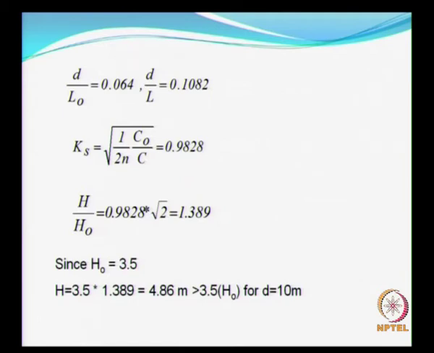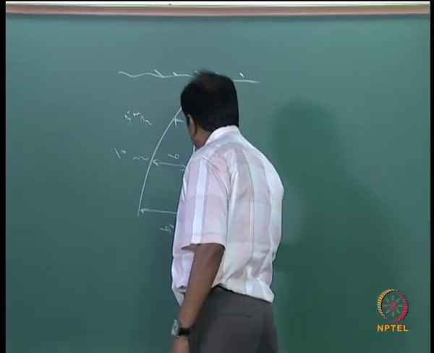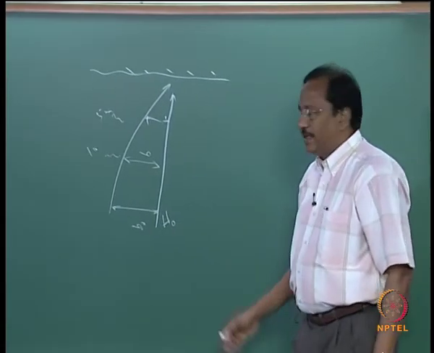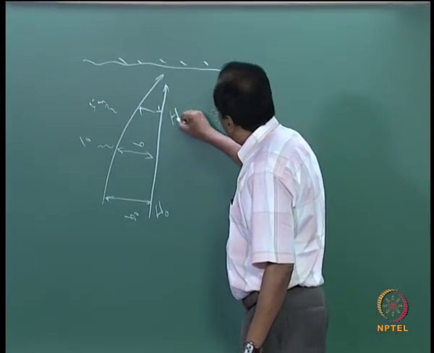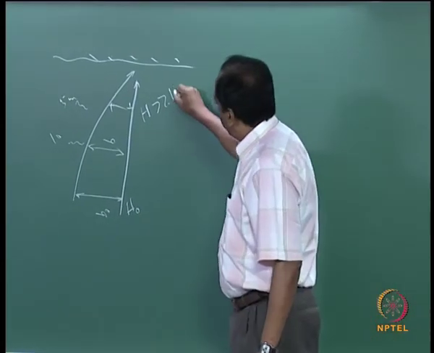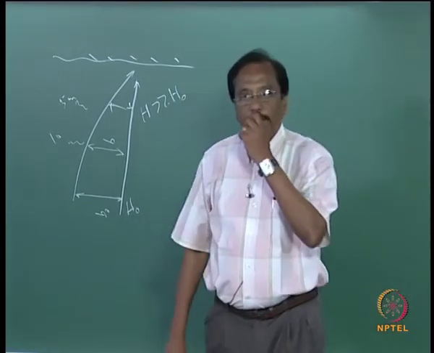So you see that if this is the deep water wave height, if there is a convergence of the orthogonals, the wave height is going to increase compared to H naught.